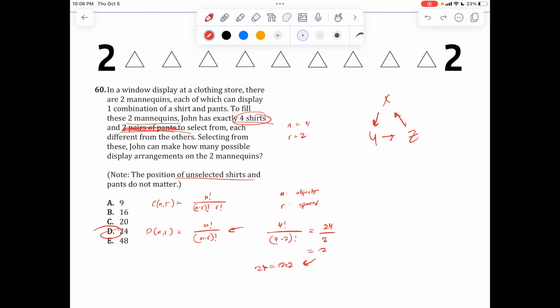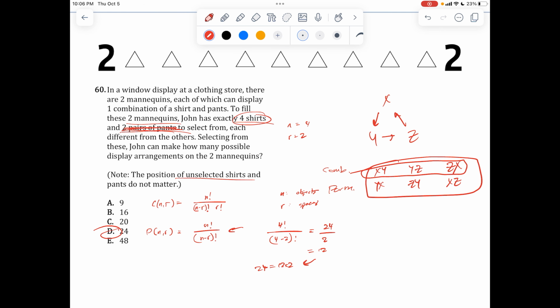But permutations is where instead of just having XY, YZ, and ZX, you actually count YX, ZY, and XZ as their own individual items that you count. So combinations would mean you only care about these 3, but a permutation would mean you care about all 6. And the permutation is less conservative.